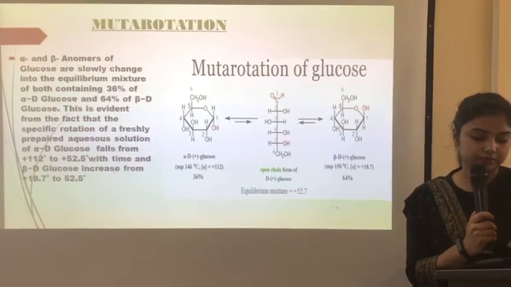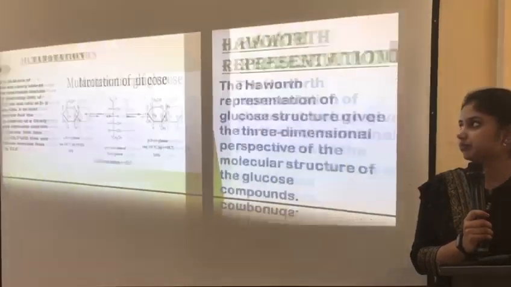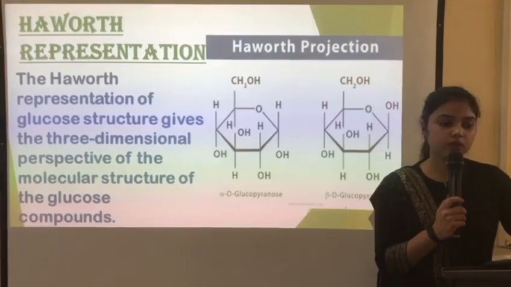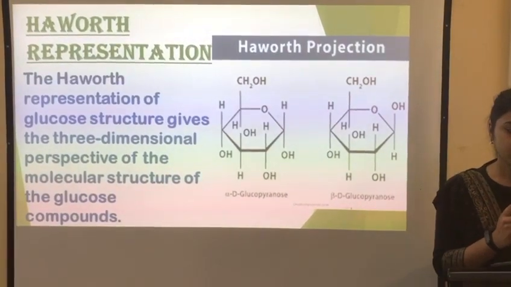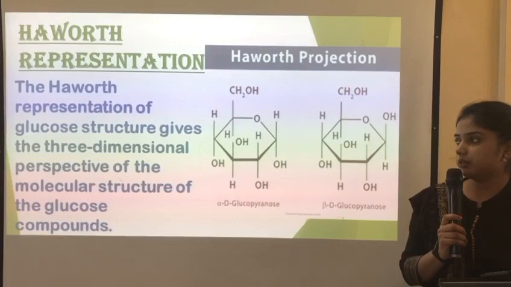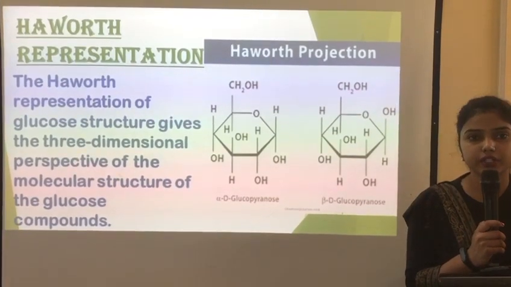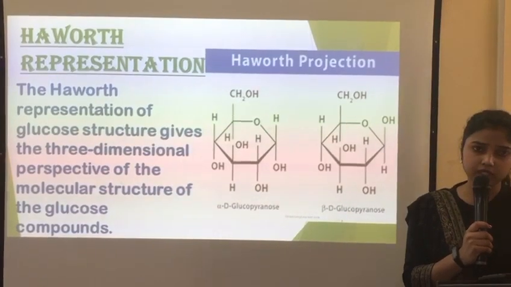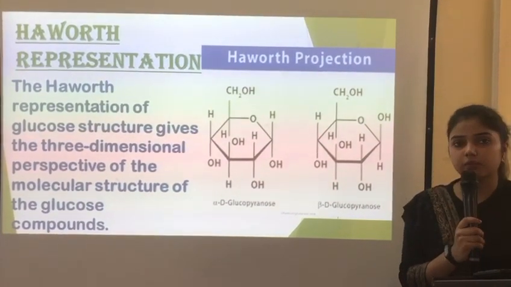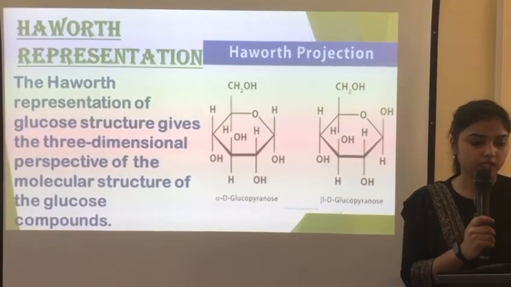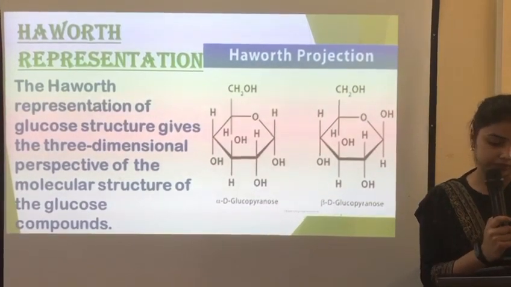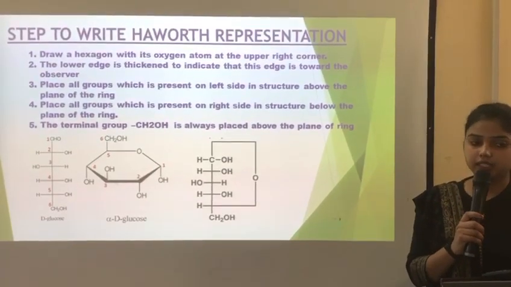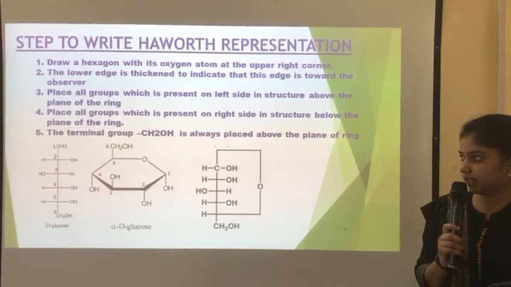Next topic is Haworth representation. Haworth representation is the three-dimensional representation of glucose, but it follows some rules. Let's discuss in detail. Steps to write the Haworth representation.